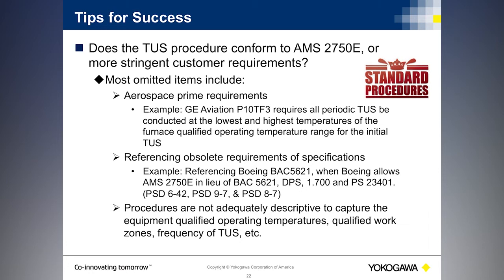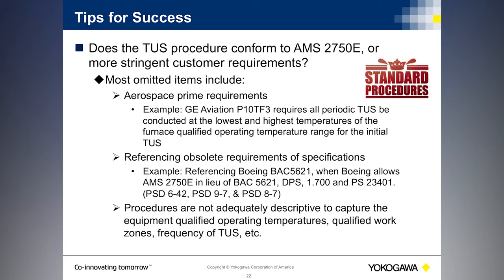Another recent instance we've seen was referencing obsolete requirements or specifications. I'm not sure a lot of you know, but Boeing has had 3 different pyrometry specifications, BAC 5621, DPS 1.700, and PS 23401, depending on which Boeing sandbox you were playing with. But now, across all Boeing enterprises, you are allowed to adopt AMS 2750 as your pyrometry testing requirements.